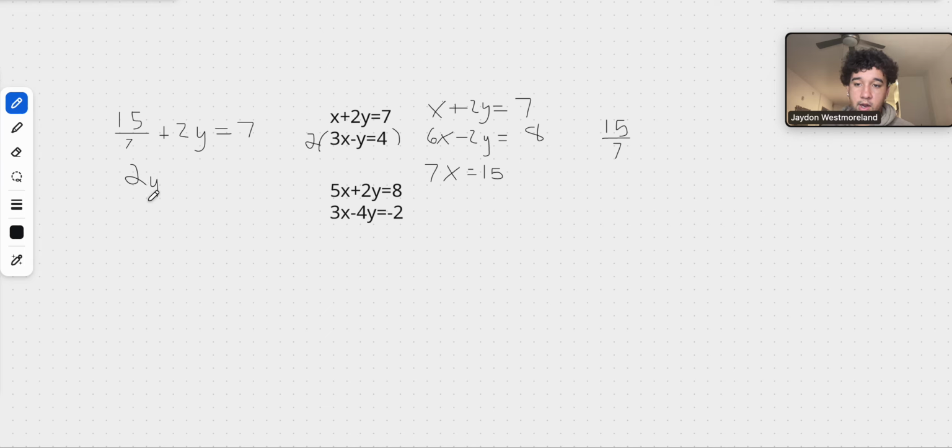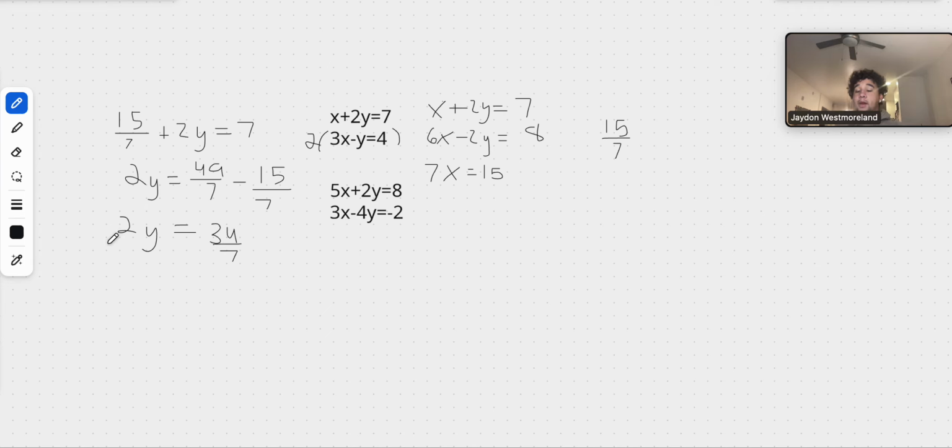That's going to give me 2y is equal to 49/7. Again, I'm already just finding a common denominator here because I need it to be 7. So I multiply the top and bottom by 7 minus 15/7. That gives me 2y is equal to 49 minus 15 is 34/7.